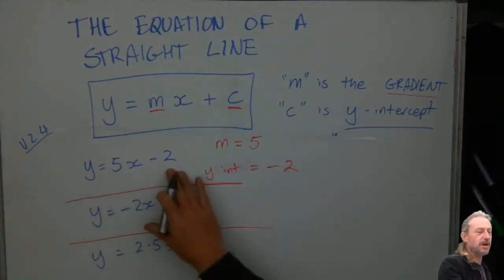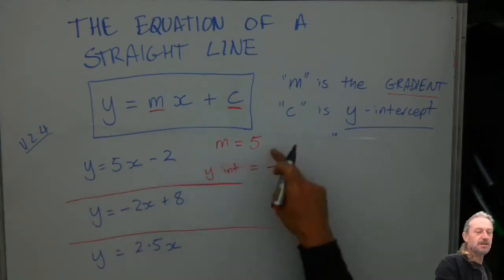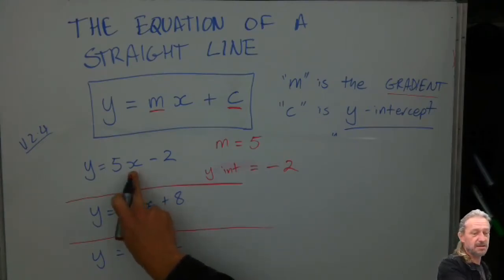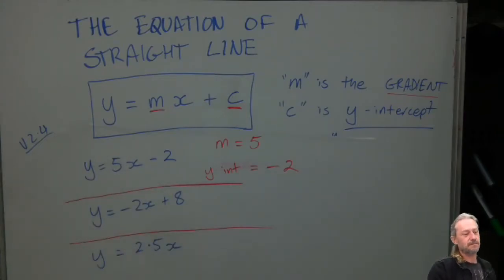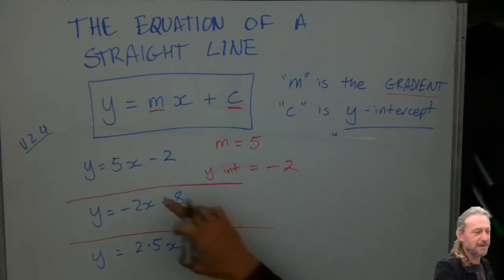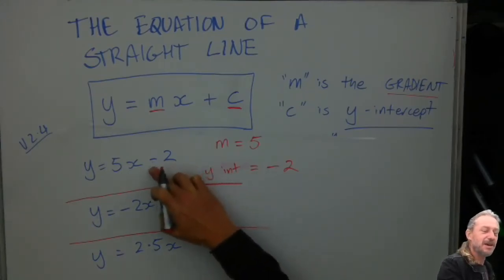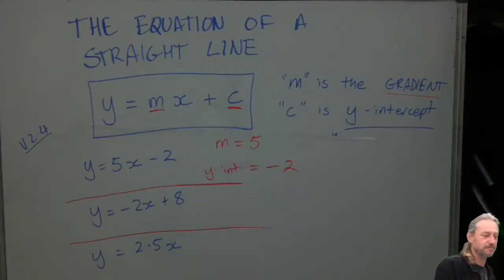So once you've got the equation, it's very easy just to read these. So notice the gradient doesn't have an x. The gradient isn't 5x, it's the number in front of the x. And the y-intercept, if we're taking away 2, it's essentially a negative value.